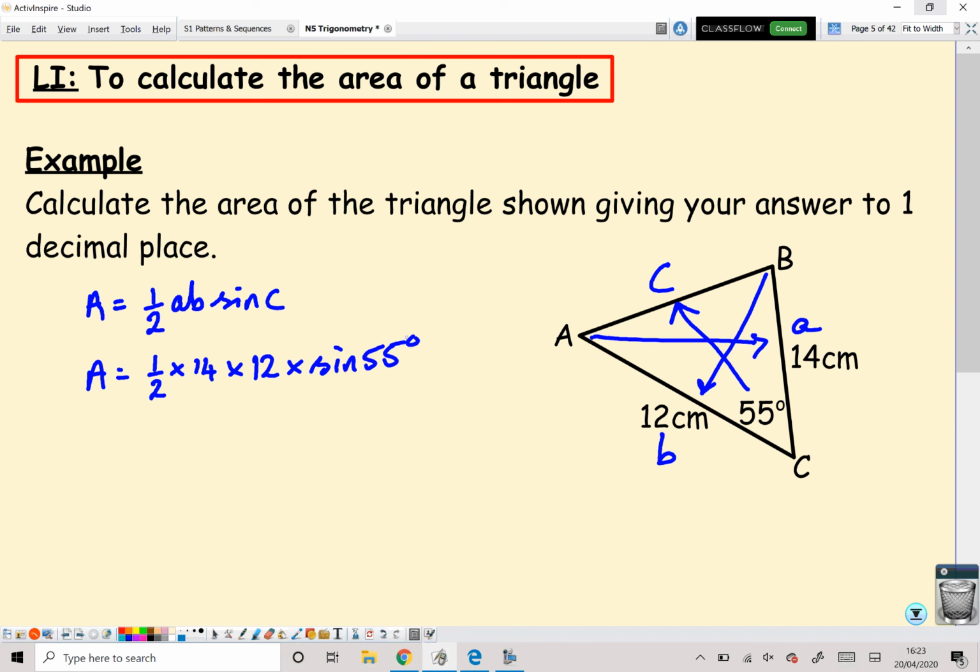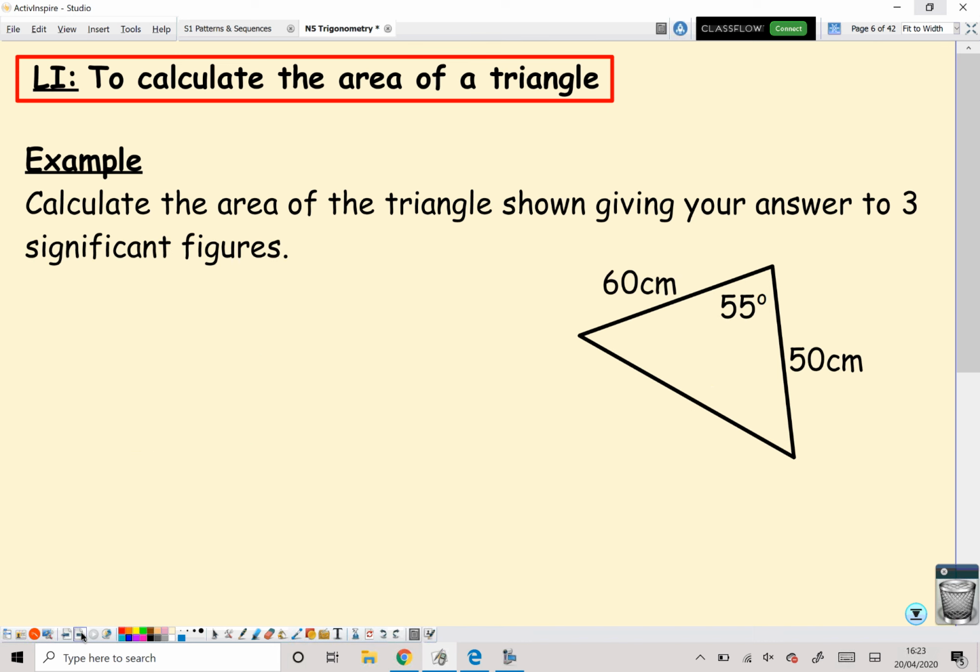And if you just put it into your calculator exactly like that, you will get a correct answer of 68.8 centimetres squared. And that is to one decimal place. So it's not a difficult formula to work with. The hardest part about it really is just making sure you've got the correct information.